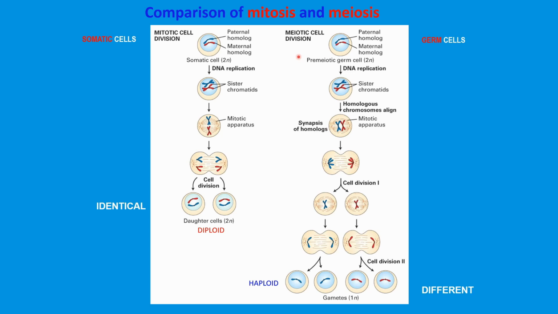Whereas in meiotic cell division, we have similar first steps with the chromosomes finding each other, a round of DNA replication, giving a sort of 4n cell.